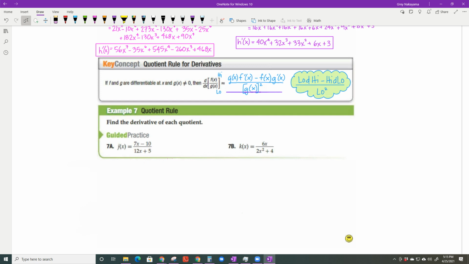All right. So what do I have here? I have j of x, and somehow I think that's an f, so I write f prime. My bad. 7x minus 10 over 12x plus 5. So it is a quotient. So I'm going to do low d high. My low is on the bottom. That's 12x plus 5. The derivative d high means the derivative of the top.